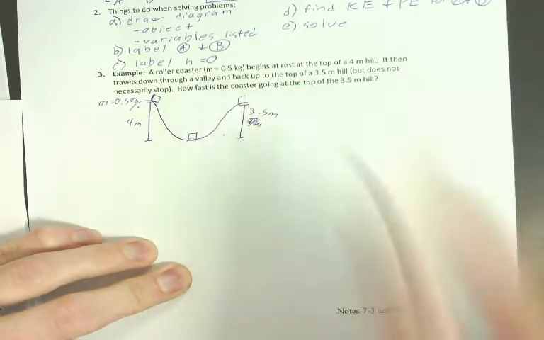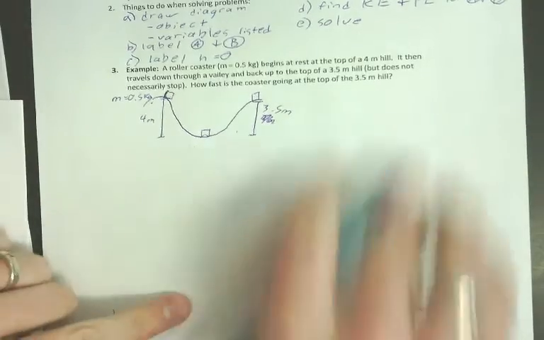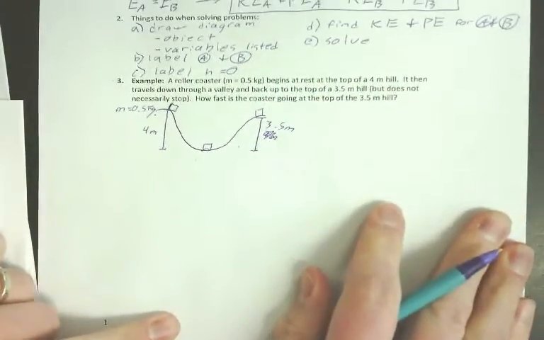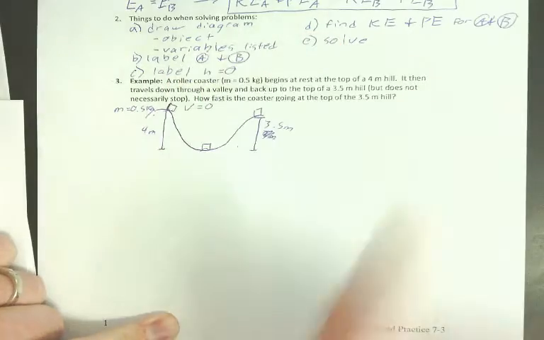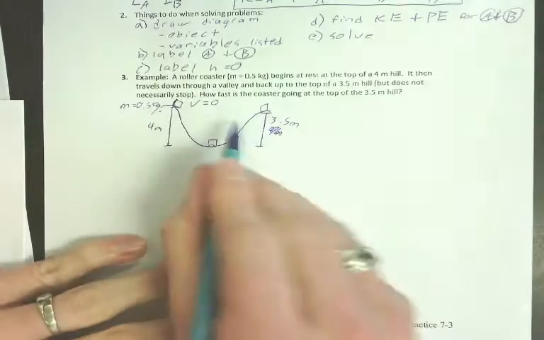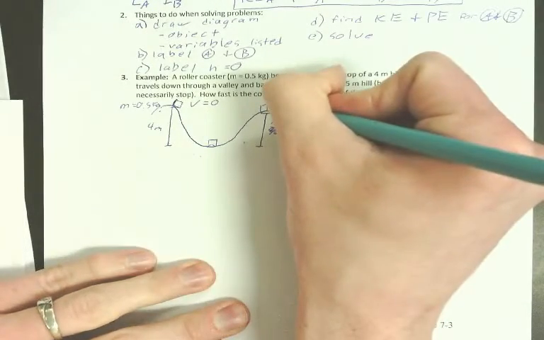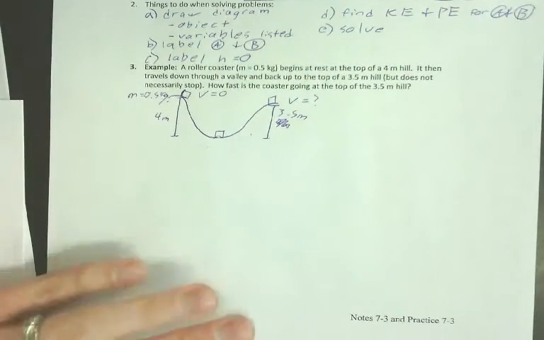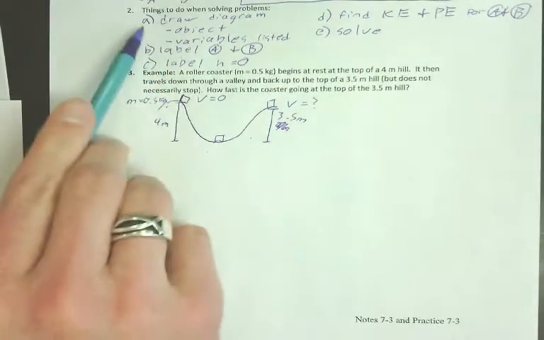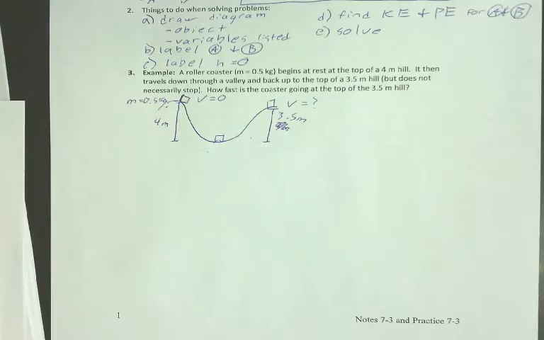Good job, me. Okay. It says it starts at rest, so the initial velocity is 0, the velocity up here. And it doesn't say how fast it's going at the other spot, so I'm just going to write v equals question mark. So, drew the diagram. Drew the object, labeled the variables. There we go.